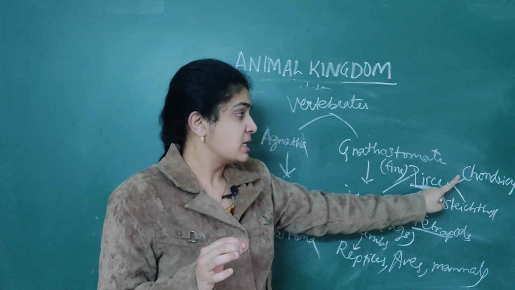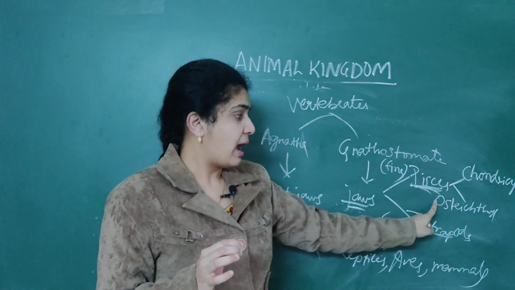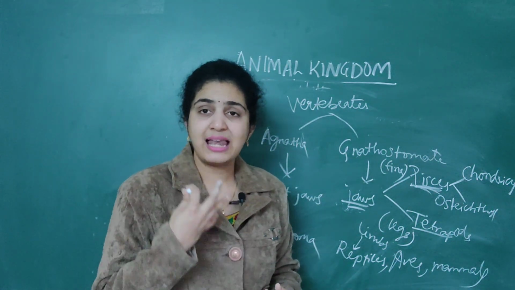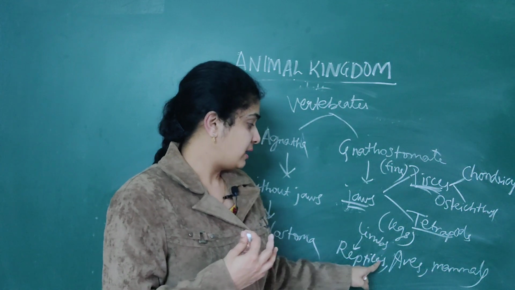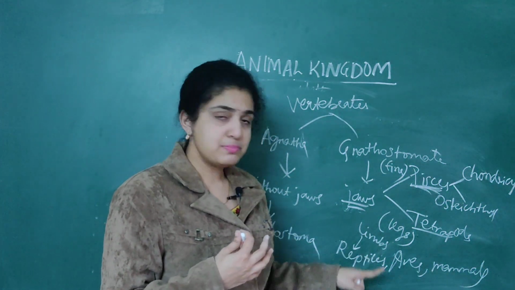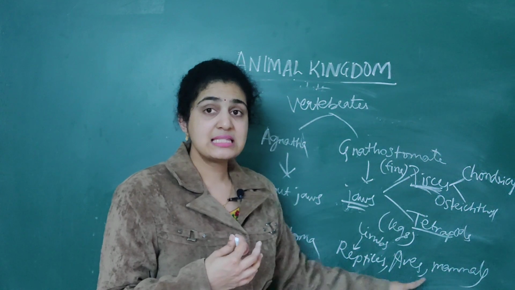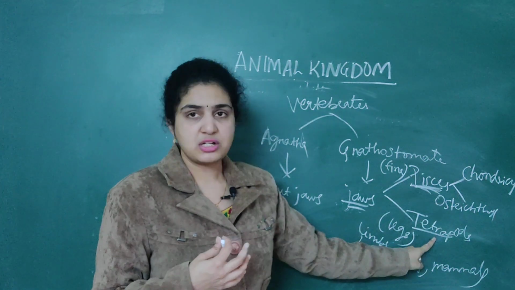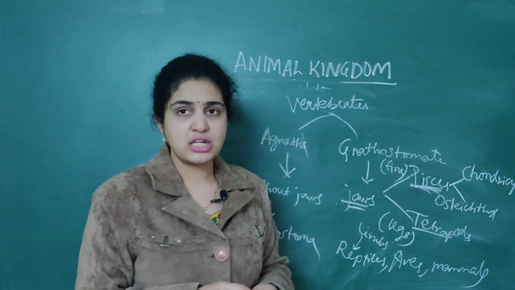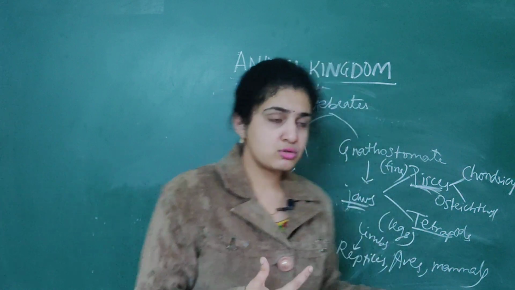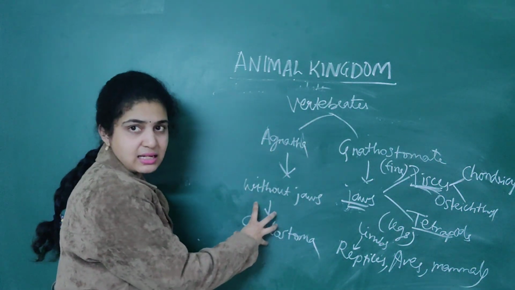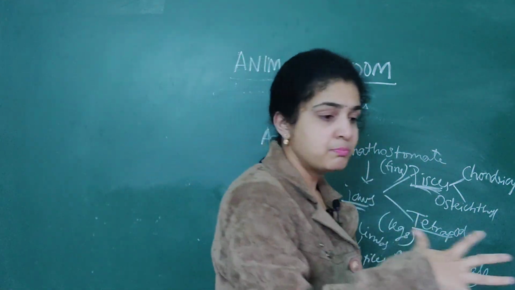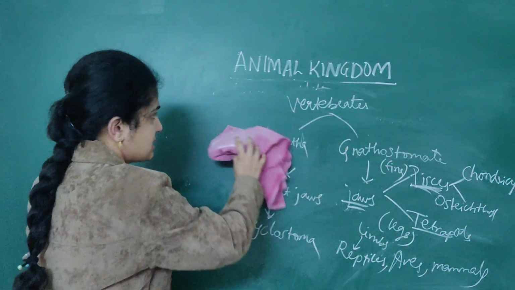Pisces are Chondrichthyes and Osteichthyes, because they bear fins, which are helpful for swimming. Then in tetrapods, limbs are present, that is reptiles, aves and mammals. These three are associated with tetrapods. So this is the classification of vertebrates. Now we are going to see the first class, Cyclostomata, Agnatha, without jaws.